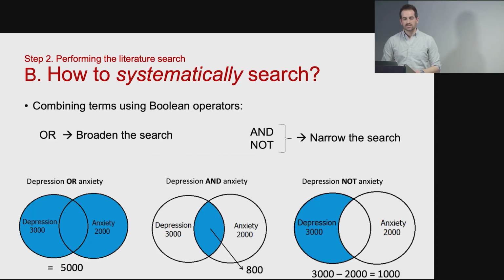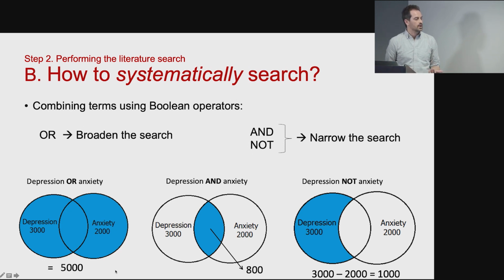And basically, to systematically search for papers, you have to combine those words using what are called Boolean operators. I imagine that everybody has used these before. Basically, you want to broaden your search using the OR operator and narrow your search using the NOT and AND operators.